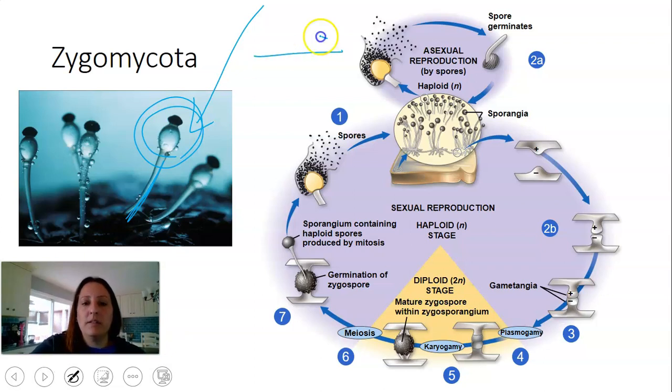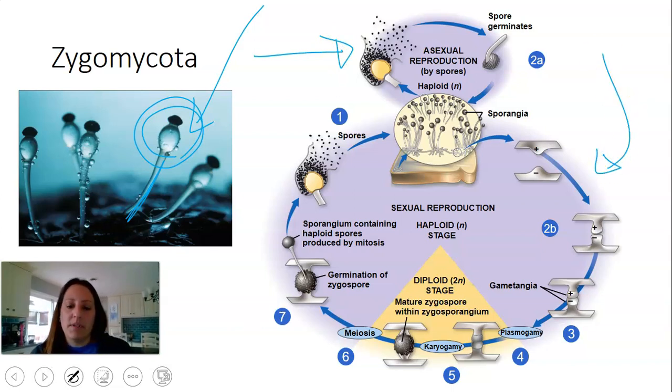This up here, this little tiny circle, represents asexual reproduction, and down here, the bottom part of this life cycle represents sexual reproduction. So let's start with the little small circle at the top. We'll start at number 1. Okay, so we have spores that are released. They land, they grow. They're going to produce this structure.